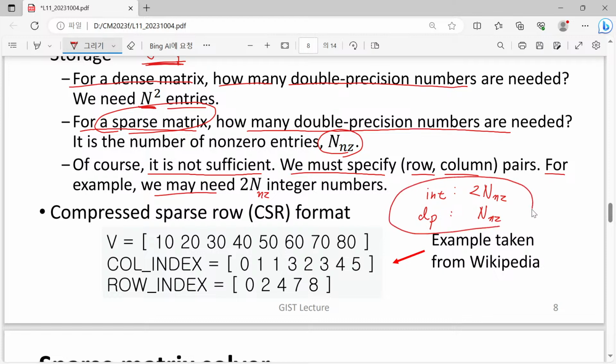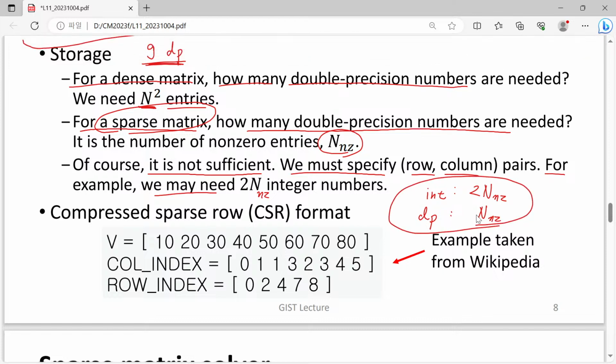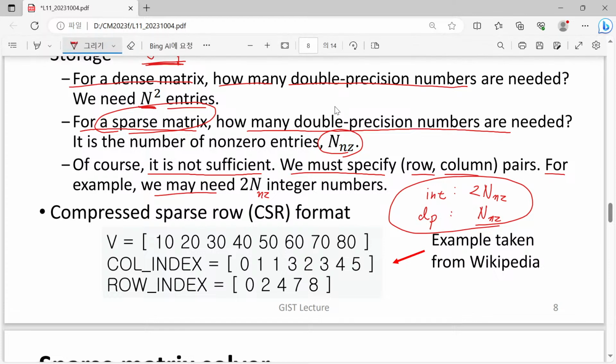This is the simplest one we can imagine, but in reality this is not sufficient. So we can have an even more efficient description.